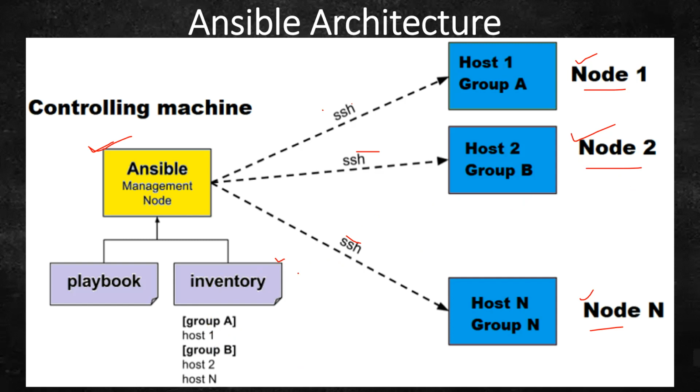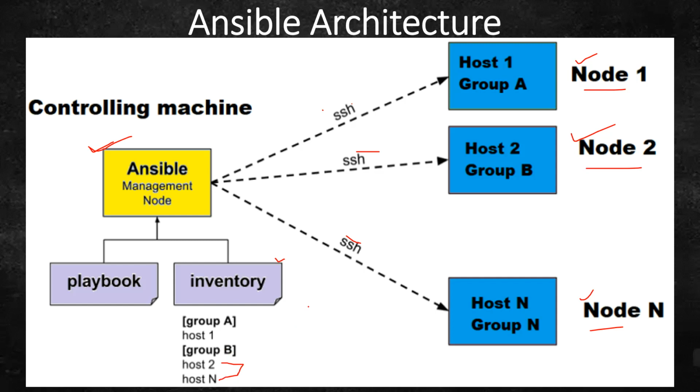Just keep the IP here. There is a group A, and in group A there is one IP, suppose I have stored host one. And group B has two IPs, right? So when we call the nodes in respect to the group name, when we execute the playbook, there is a host name.